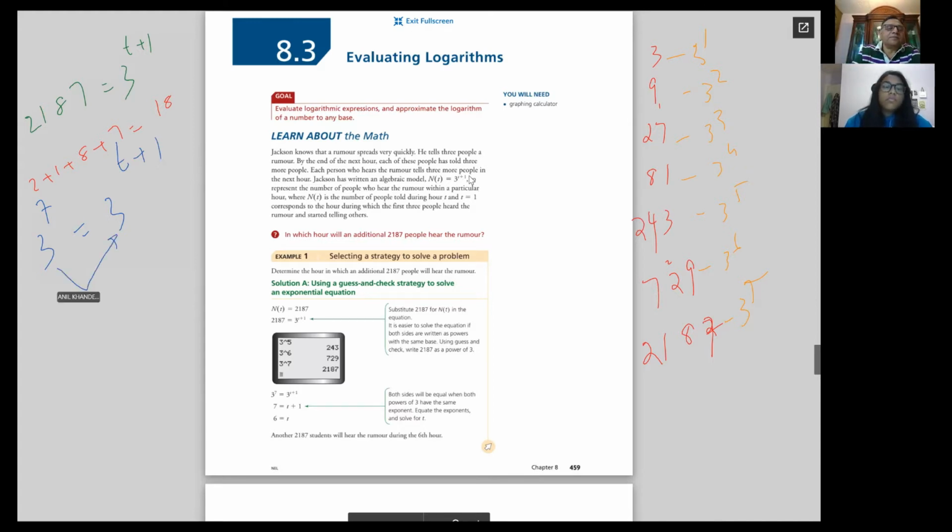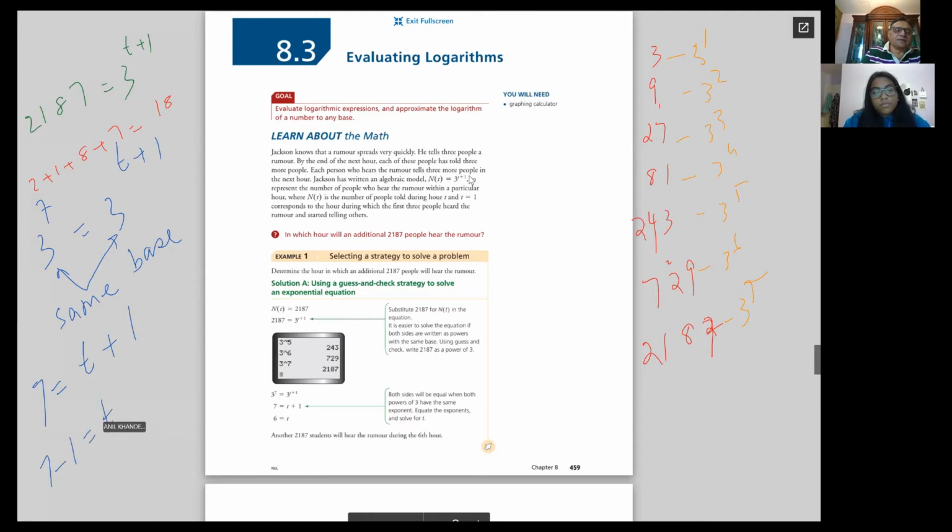So left side equal to right side with the same base means the exponents should be equal. So 7 should be equal to t plus 1. Find the value of t.